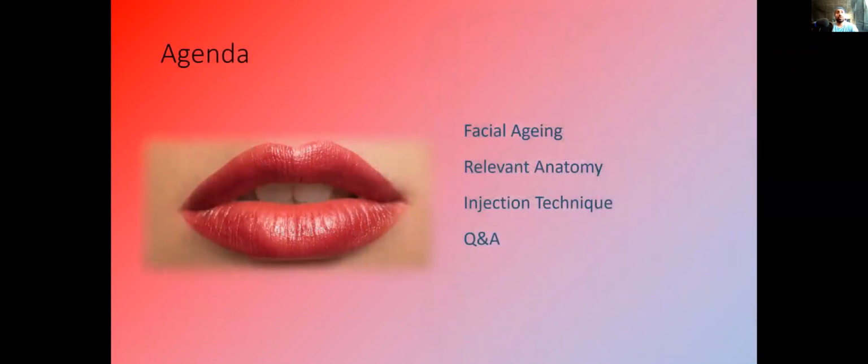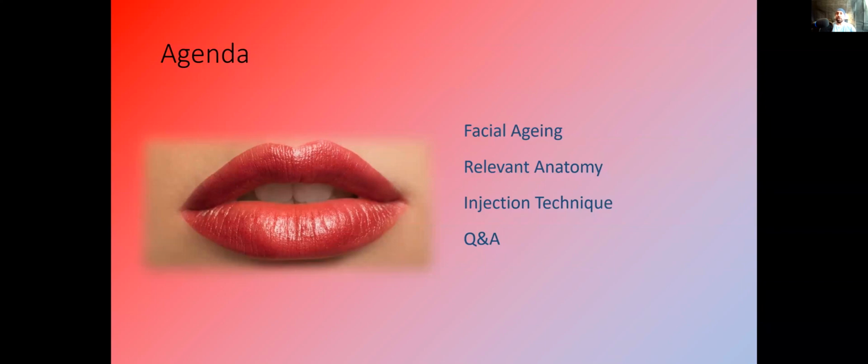Right, so as always, the agenda is pretty much the same. We're going to talk about the aging process, and this time it's obviously going to be focusing around the perioral region or the lips, and we'll talk about the anatomy. In fact, there's going to be a lot to do with anatomy today when it comes to injecting the lips, and probably less so when it comes to injection technique, purely because there are so many techniques out there, and I'd spend all day trying to go through every single technique.